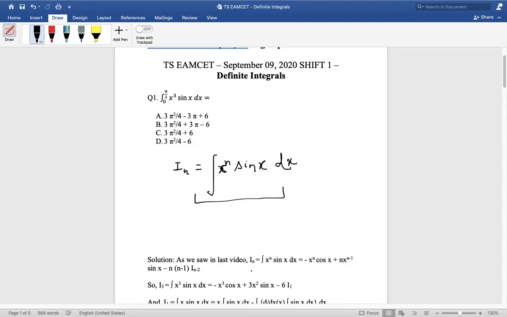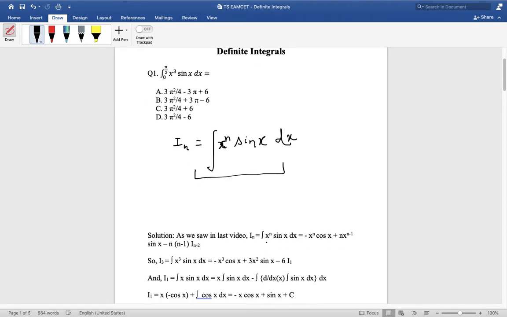So in that video I had solved this integral of x raised to the power n sine x. If In is equal to the integral of x raised to the power n sine x dx, then you can write it as minus x raised to the power n cos x plus n x raised to the power n minus 1 sine x minus n into n minus 1 into I n minus 2.